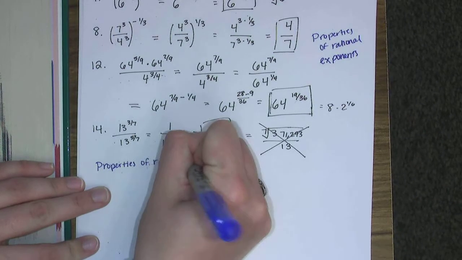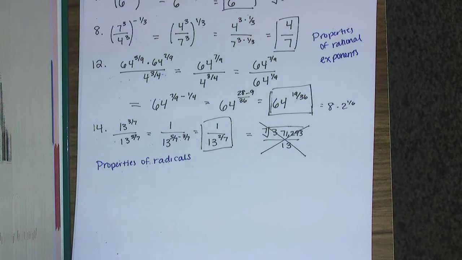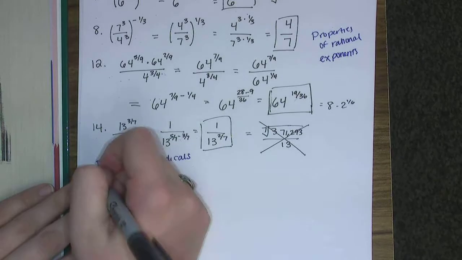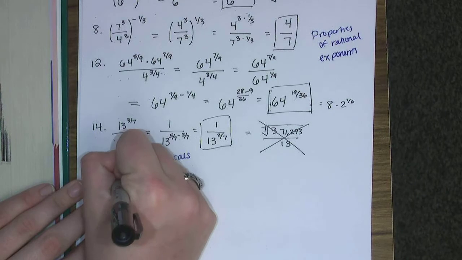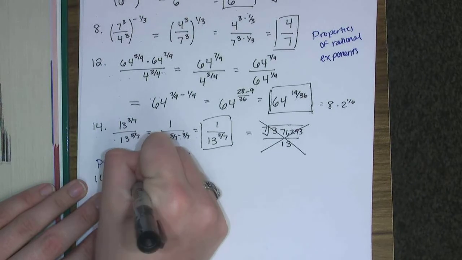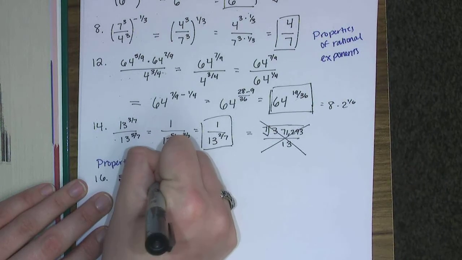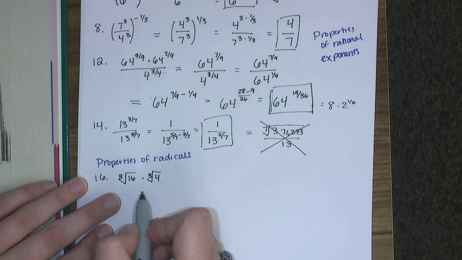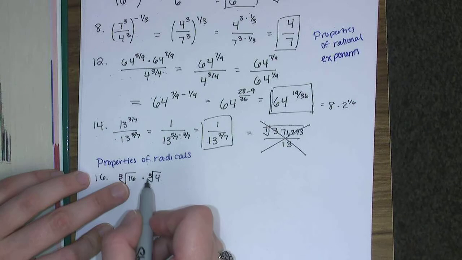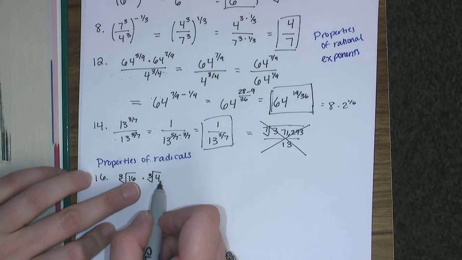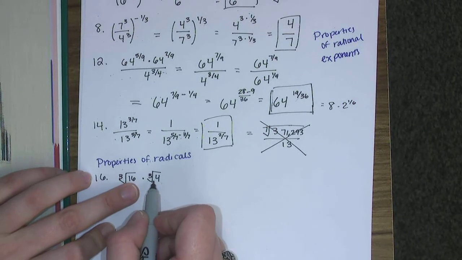So starting with something easy, the third root of 16 times the third root of 4. These have the same root on them, so they're both a cube root, and they're being multiplied, so I can just throw this all together. 16 times 4 we already said was 64. So this is going to be the cube root of 64.